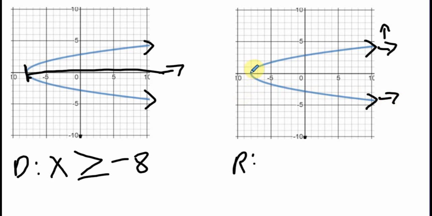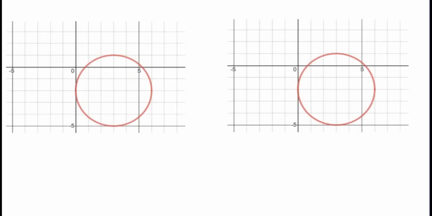But again, if you follow the curve, it also is going down. It's not going down very quickly, but it is going down. So there's no end to it going up or down. So the range is going to be all real numbers. So we're going to put this funny looking R to represent all real numbers. We've seen that before.